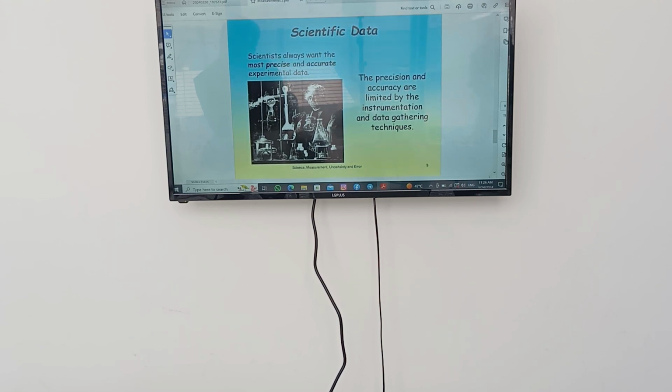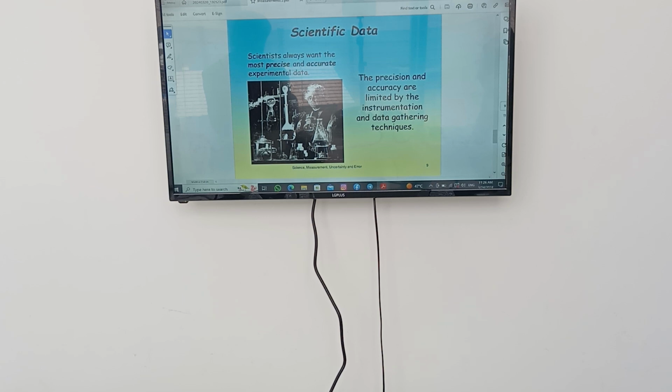Scientific data. Scientists always want the most precise and accurate experimental data, because accuracy by itself may cause some errors later on, and precision by itself will also cause errors later on in the experiment. So the precision and accuracy are limited by the instrumentation and data gathering techniques.